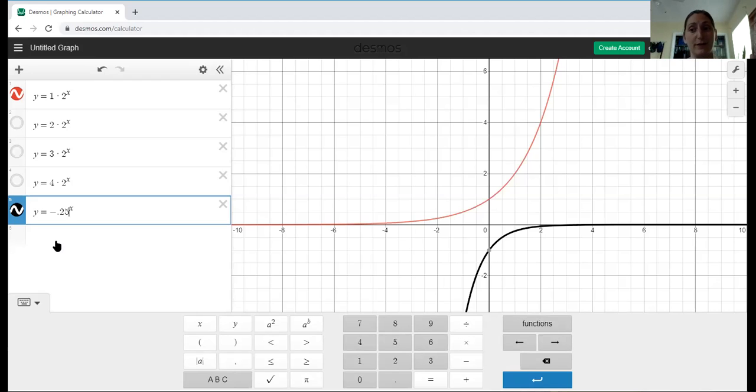Because that's going to affect how it opens up or tilts. And does it have a plus or minus at the end, and is it underneath something? When I say underneath something, I mean, is it underneath the radical or outside the radical? And then you also have to pay attention to the base and the a term that comes in front of the base, that gets multiplied to the base. Okay, so many little things to think about.